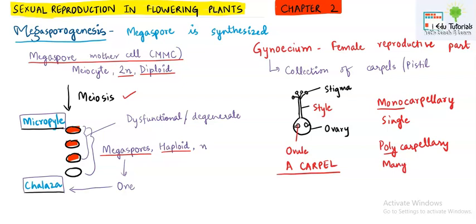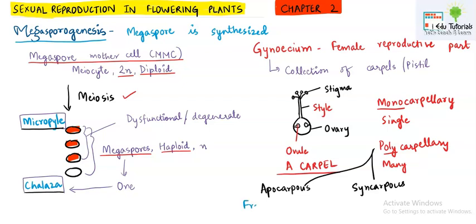Another term which is used quite frequently in the polycarpellary condition is apocarpous and syncarpous. So if many carpels are present, two conditions will be possible. One is apocarpous and another is syncarpous.